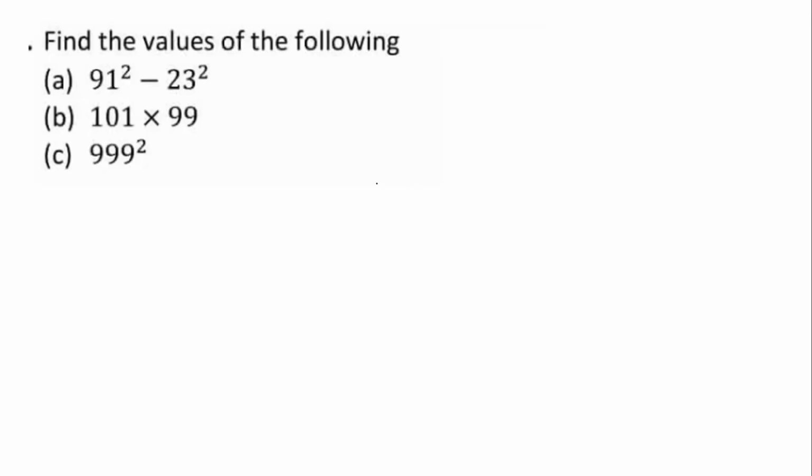Then again, 91 square minus 23 square. This can be found by using the identity a square minus b square. What is the formula for a square minus b square? (a plus b) into (a minus b).